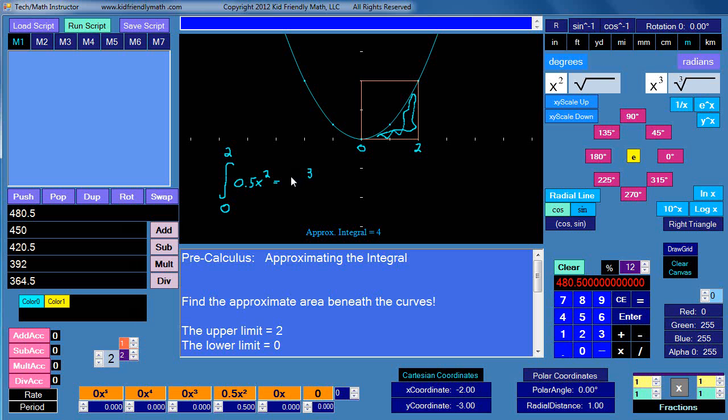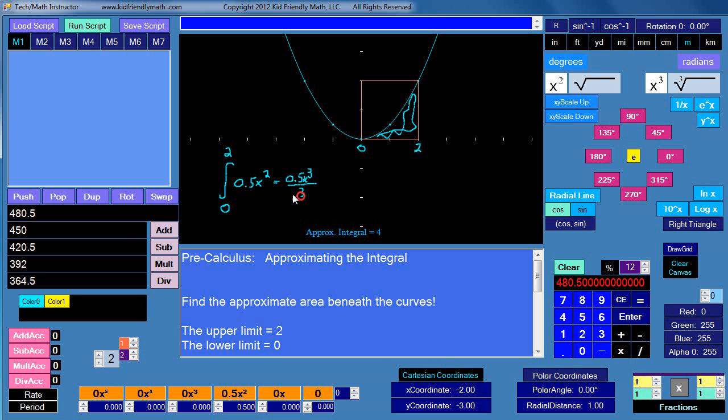So it becomes 0.5 x cubed, all divided by 3.